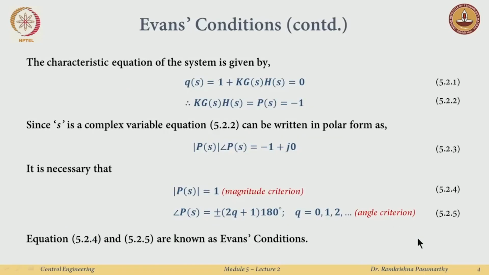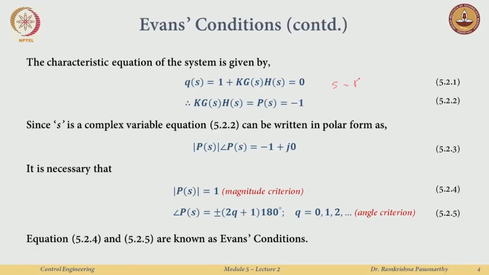So, where do we begin? Well, the characteristic equation which we had defined last time is simply the denominator going to 0, right. Q(s) is 1 plus KGH equal to 0. Okay. So, I do some manipulations, the 1 goes to the other side, I call KGH as some P(s), and it is minus 1. Right. And what is s? The argument of P is a complex number, right, sigma plus j omega, when we draw things in the complex plane.